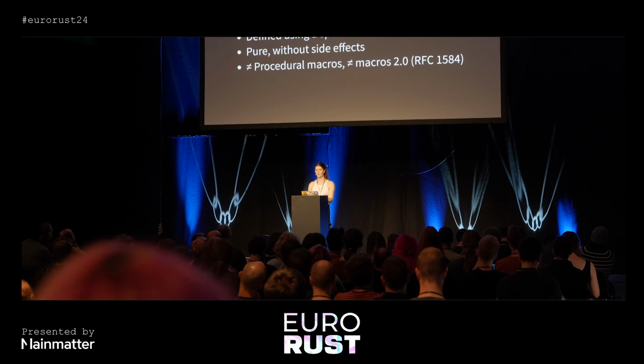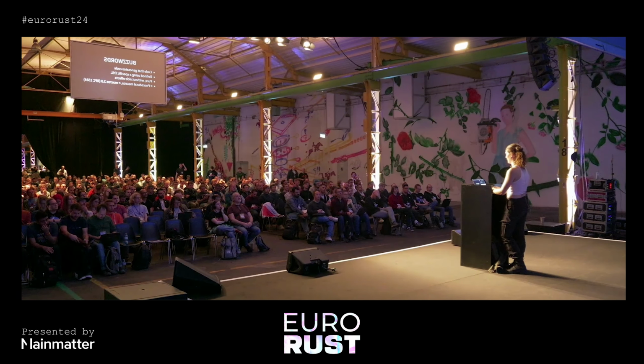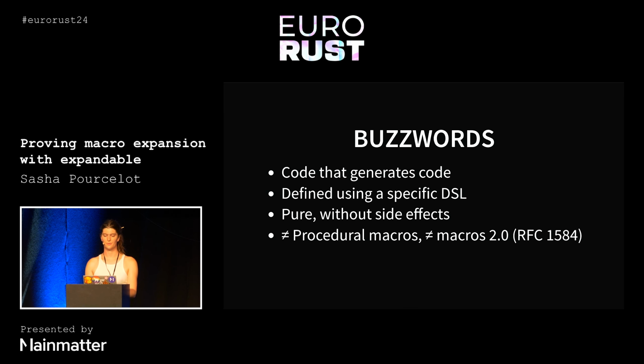So the idea is you write your macros along with the rest of your program, and the compiler will understand that there is a macro definition and then replace further uses of this macro with the actual expansion of the macro. Declarative macros have a funny property, which is that they are pure.